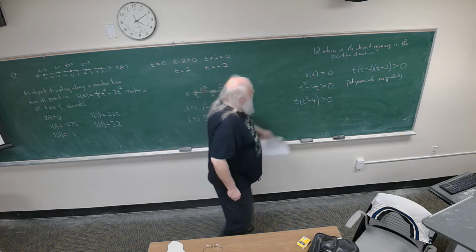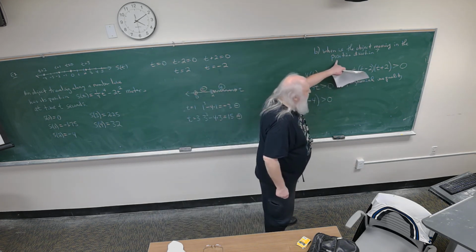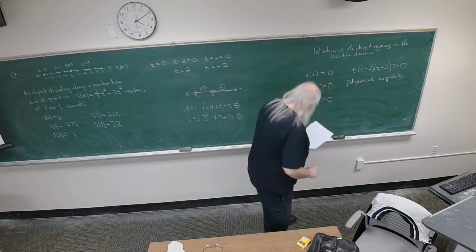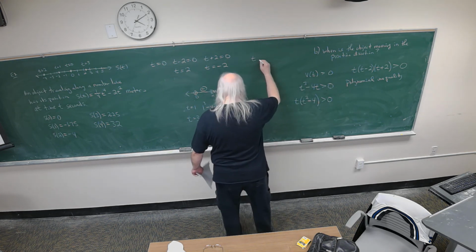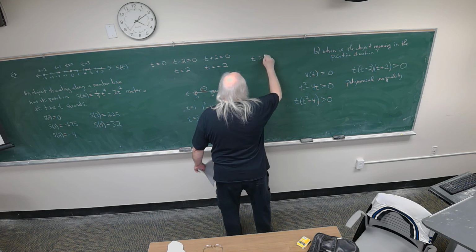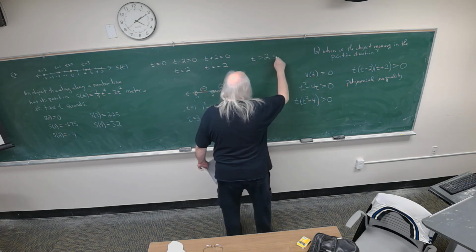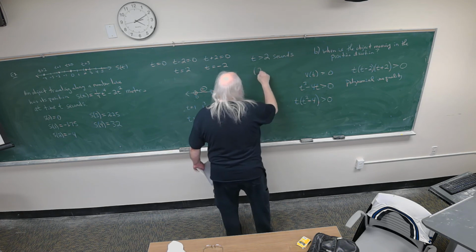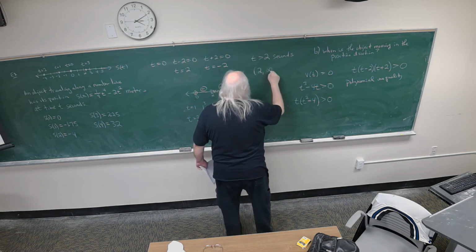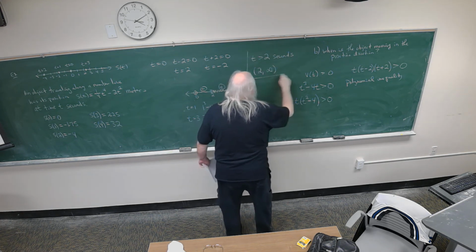So when is the object moving in the positive direction to the right? For t greater than 2 seconds, which in interval notation is 2 to infinity.